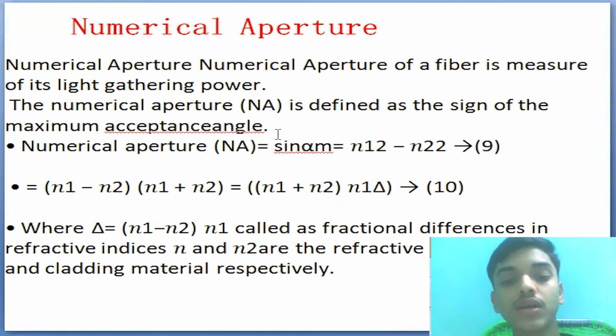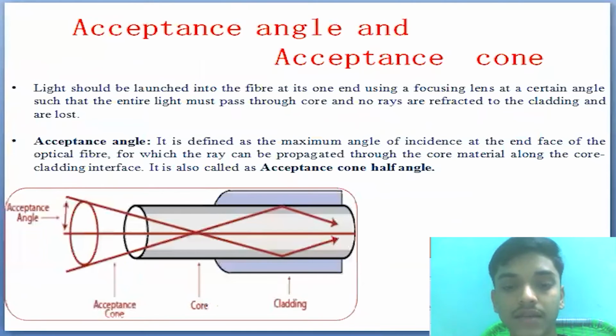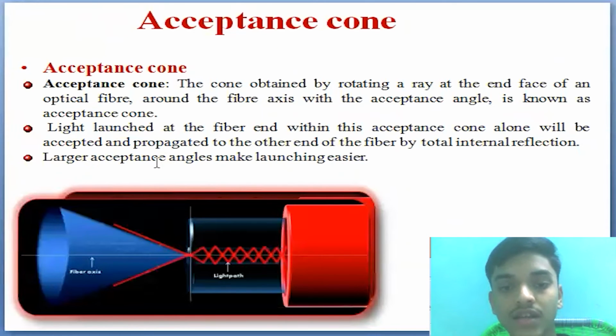As you can see the derivation, how it becomes, what the formula of numerical aperture is, you will understand here. Numerical aperture is denoted by NA, and it is the light gathering capacity of an optical fiber. As we have seen in the acceptance cone, a larger acceptance angle makes launching easier.